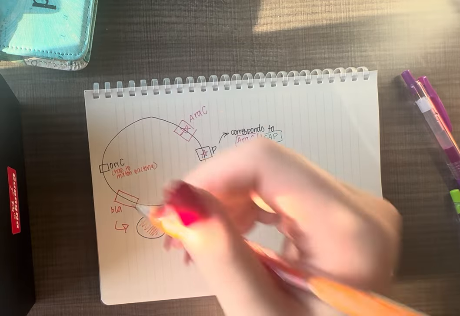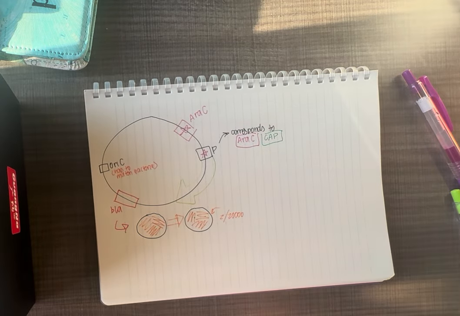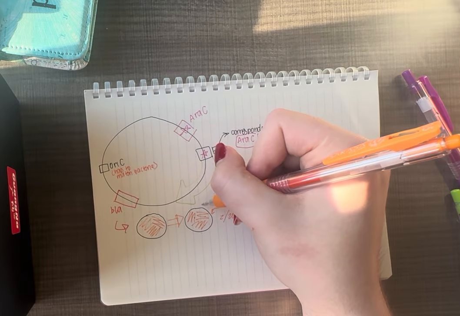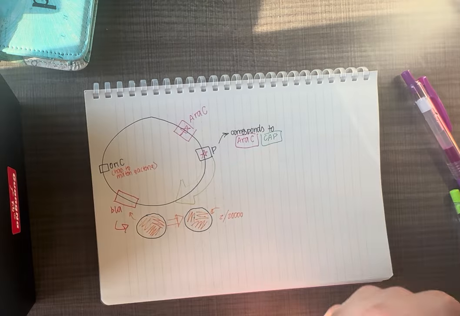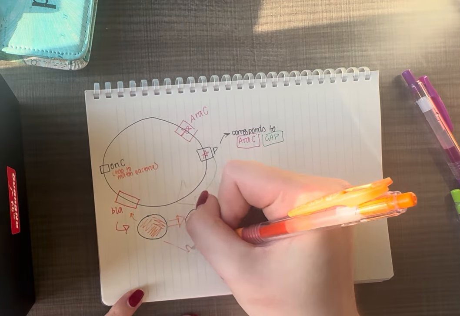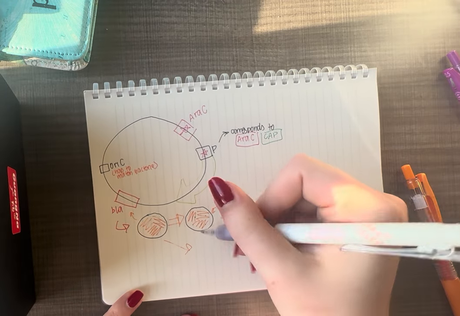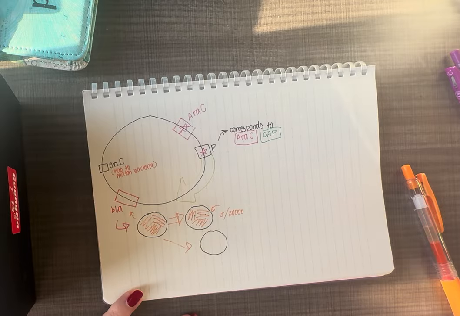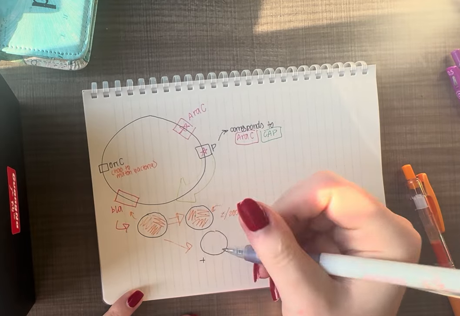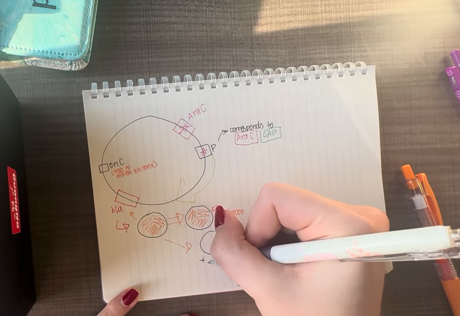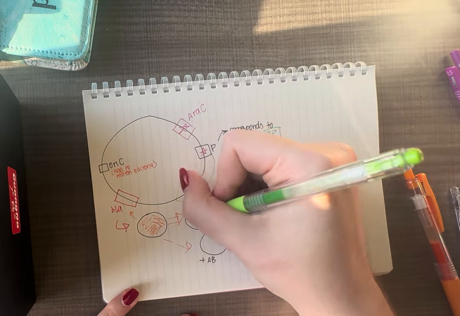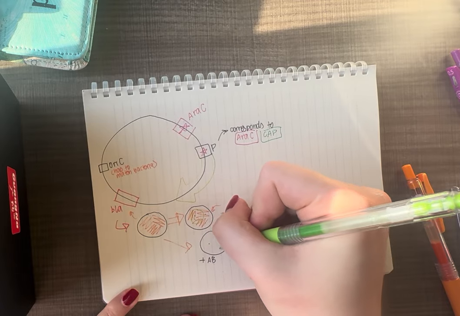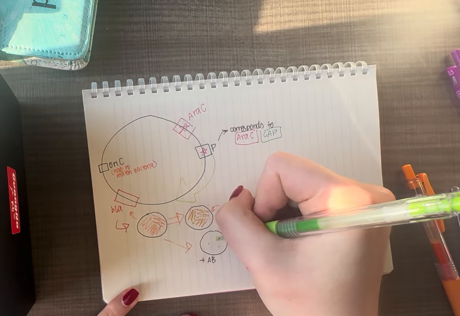So what you do is you put a beta lactamase gene in here. So not only do they make GFP, they also make an antibiotic resistance mechanism, which means that we end up having a petri dish that we add an antibiotic to, and then we kill all of this, ending up with only the bacteria that we want, and then they can grow into bigger colonies.